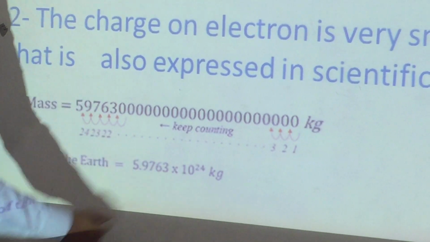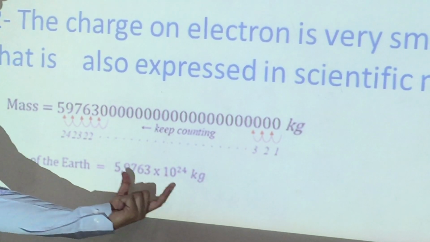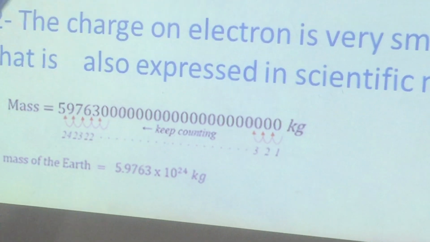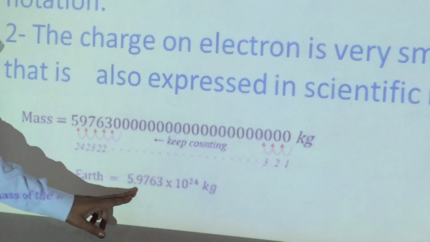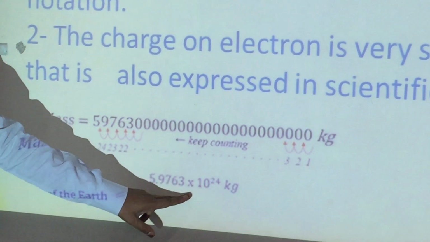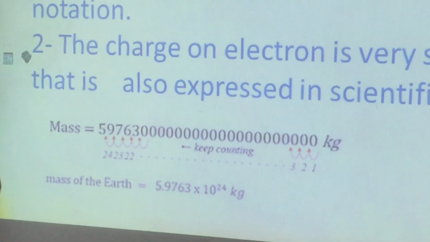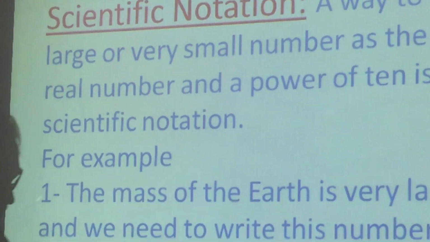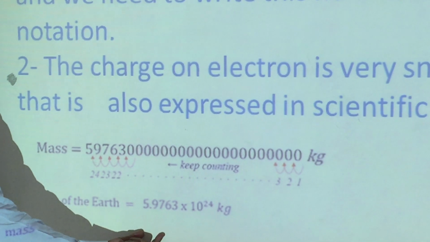The real number and the power of 10 are multiplied, that's why we say product. Product means multiplying. So 5.9763 times 10 raised to the power 24 kilograms is the scientific notation. Instead of writing this big number, we show it in scientific notation.